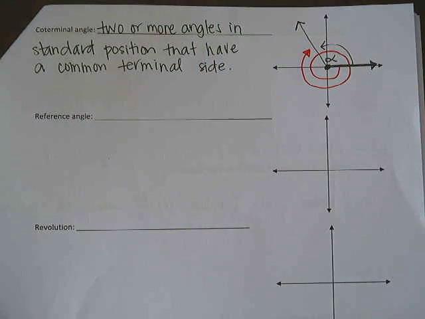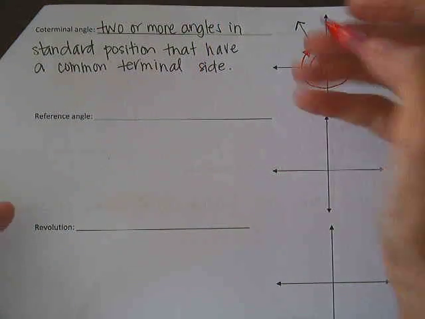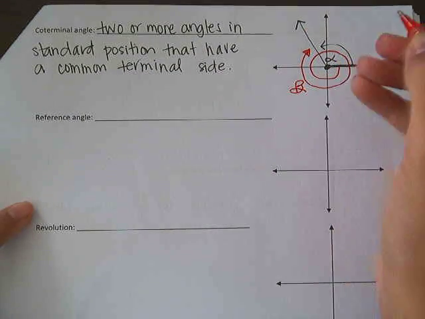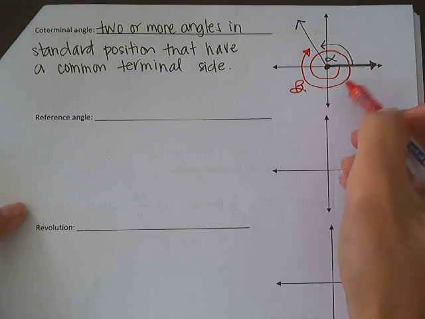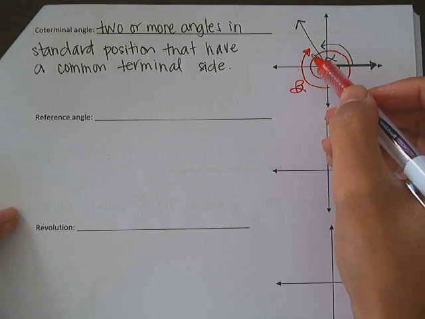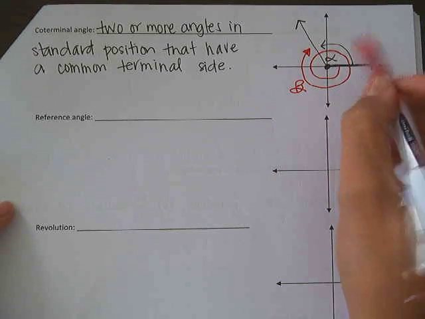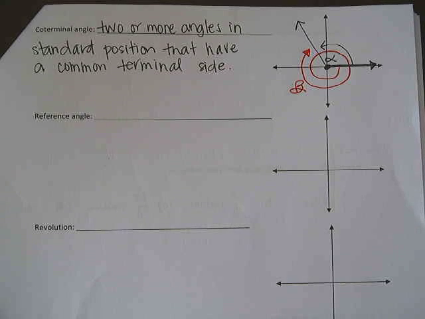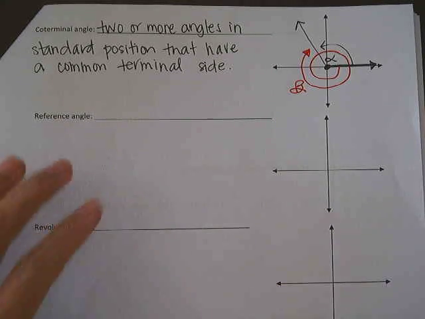Let's call the red one beta. Beta is a negative angle, alpha is a positive angle, but these are called coterminal angles because they share one terminal side.